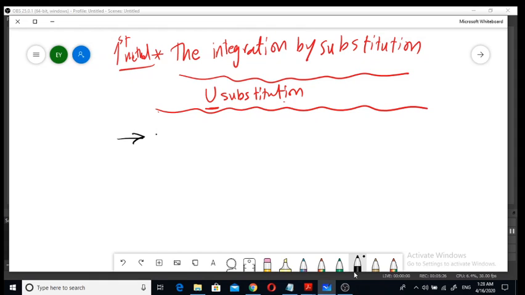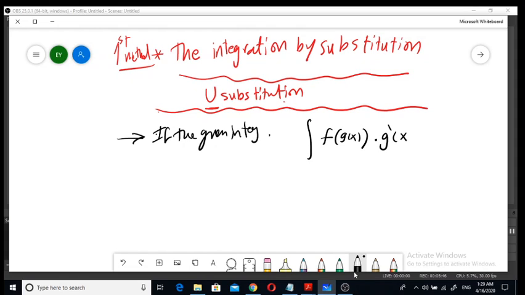The given integration is given in the form of the integral of f of g of x times g prime of x dx.